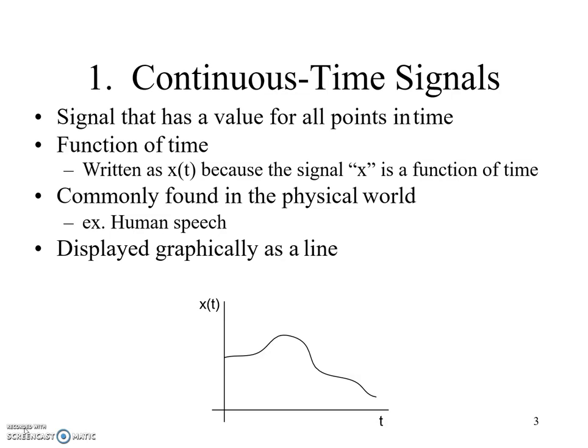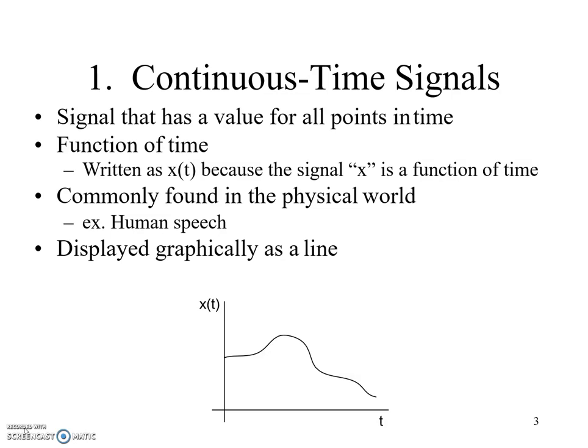A continuous time signal is a function of time. In a continuous time signal, we take the independent variable as time, and the amplitude varies with respect to time. We write the signal as x of t on the y-axis, and time t on the x-axis as the independent variable. A commonly found signal in the physical world is human speech.